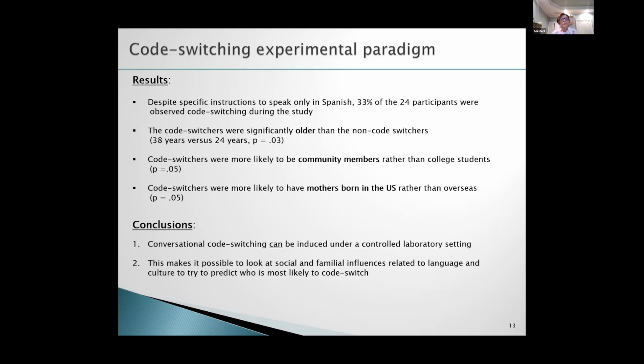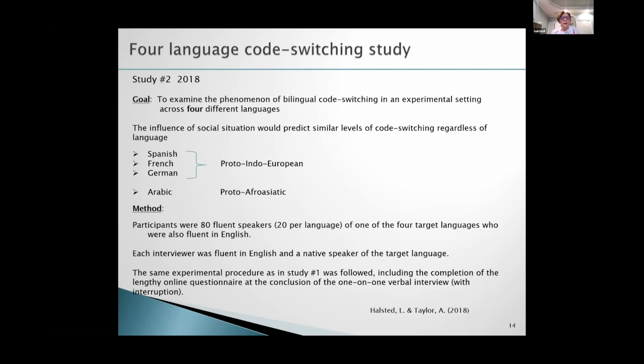Following this, we thought, okay, is this going to be only something with Spanish, or is it going to be with other languages? So the next slide shows that we did the same procedure with 4 languages: Spanish, French, German, and Arabic. Spanish, French, and German are Proto-Indo-European languages, with some language similarities, although not apparent, and then Arabic is a Proto-Afro-Asiatic language.